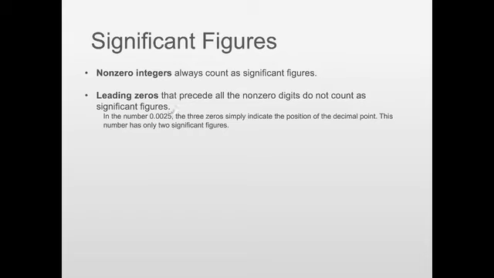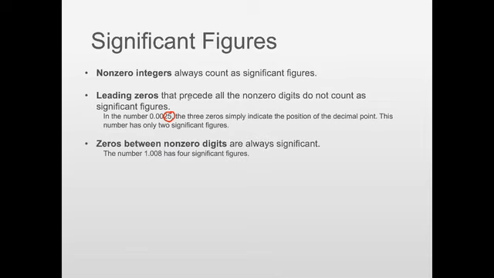The only significant figures are the 2 and the 5 in this case. All right, so leading zeros are not significant. Zeros between non-zero digits are significant. So here you have the 2 zeros that are between the 1 and the 8. Those do count as significant. So this one has 4 total significant figures.